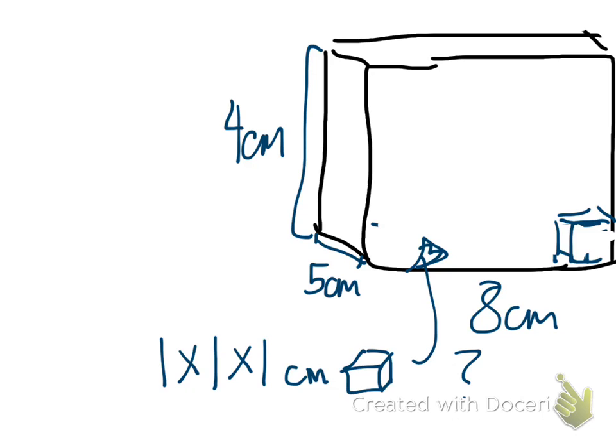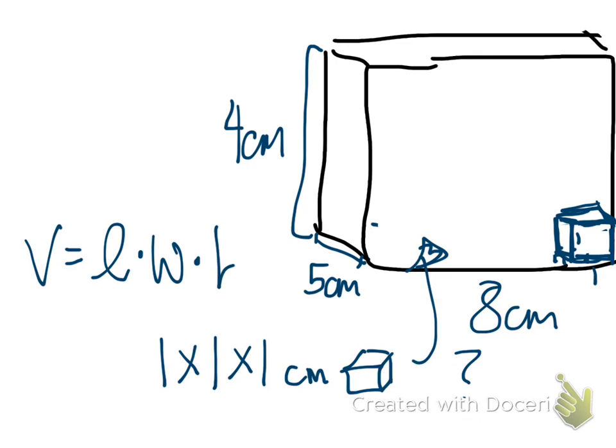Fill this big box with all these 1 by 1 by 1 blocks. How many would it take? You can figure that out. You don't have to break this big box into all these small blocks and add it up. You can use the formula that volume equals the length times the width times the height.